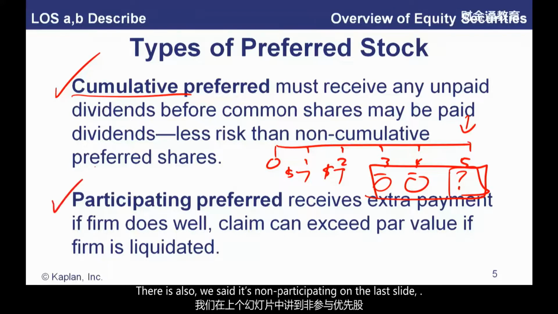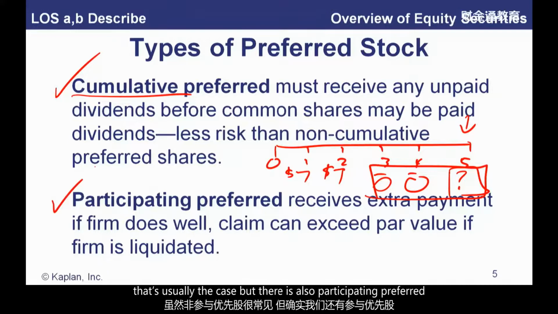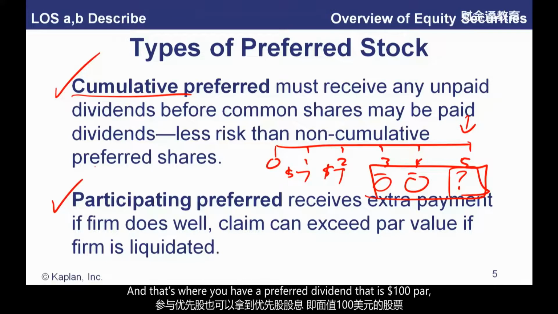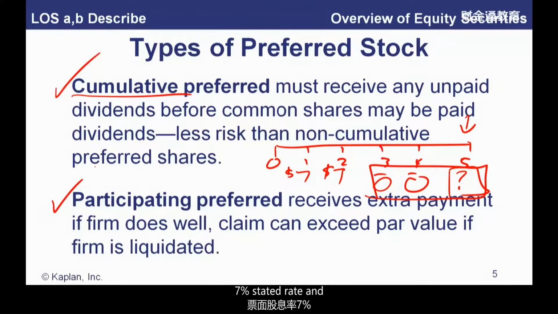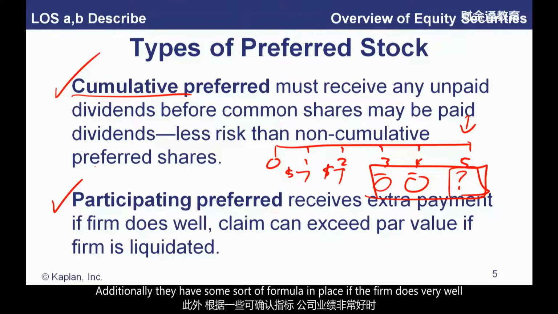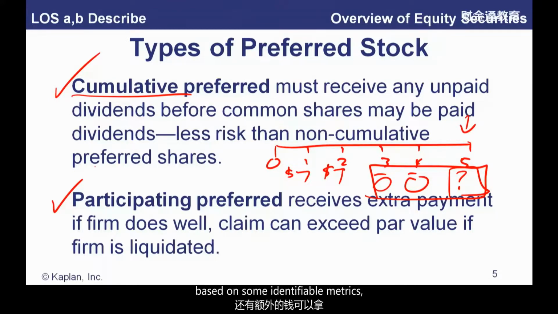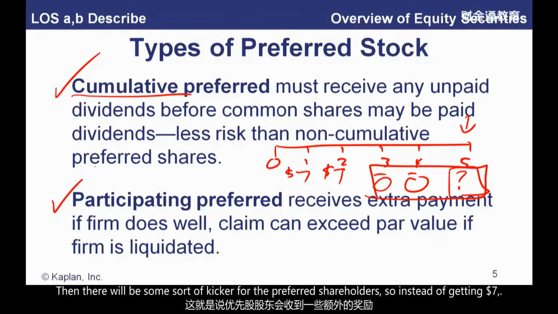There's also, we said it's non-participating on the last slide, and that's usually the case, but there is also participating preferred, and that's where you have a preferred dividend that is $100 par, 7% stated rate, and they additionally have some sort of formula in place where if the firm does really well, based on some identifiable metrics, then there will be some sort of kicker for the preferred shareholders.